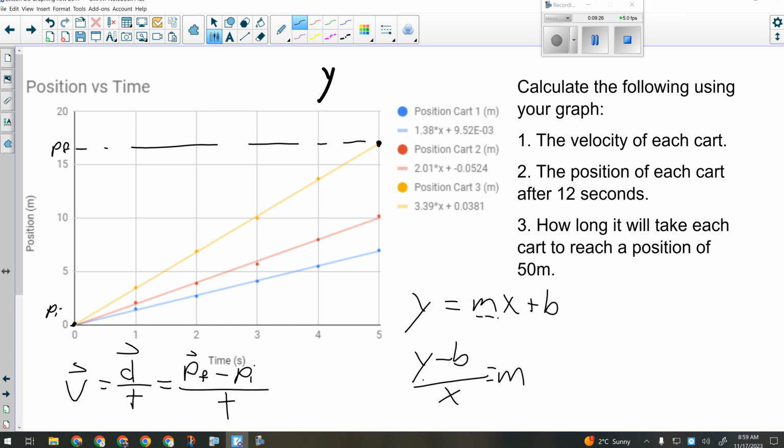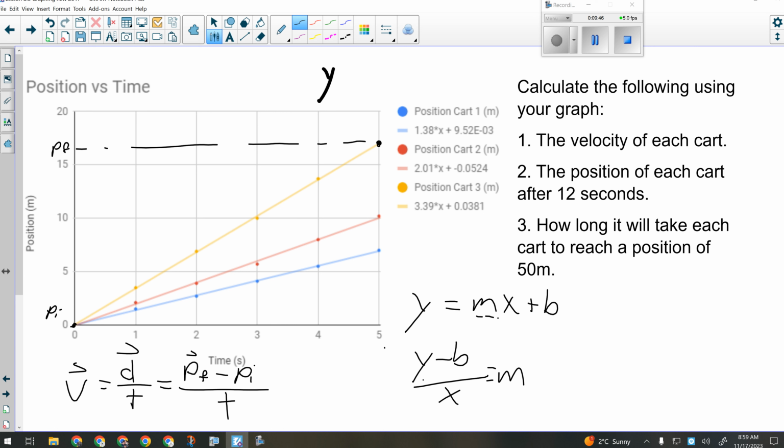If I know where it is at certain points in time, I could calculate its displacement, because I could take its final position and subtract its initial position. Or I could also calculate its velocity, because I can get its change in position and divide it by the time, which would be the slope of the line.